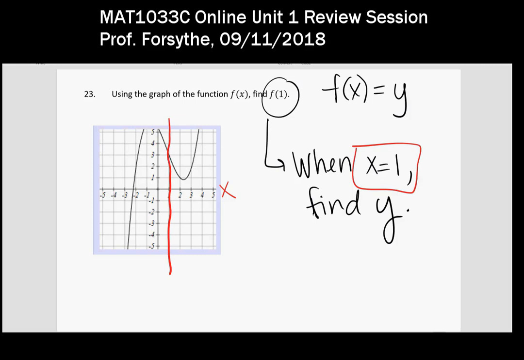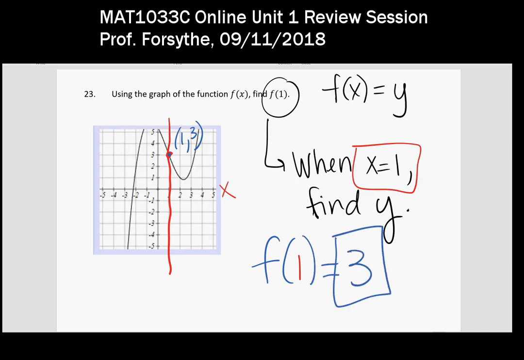So when x equals 1, my graph crosses it right here. At this point, when x is 1, the y value is 3. So the answer is 3. So f of 1 equals 3.